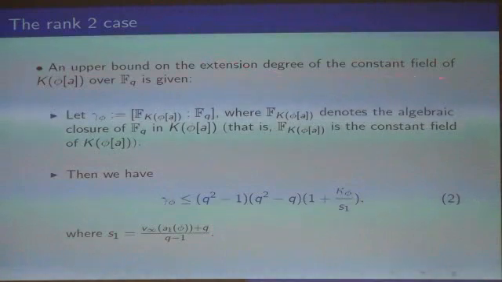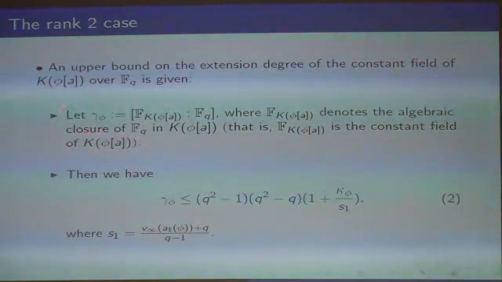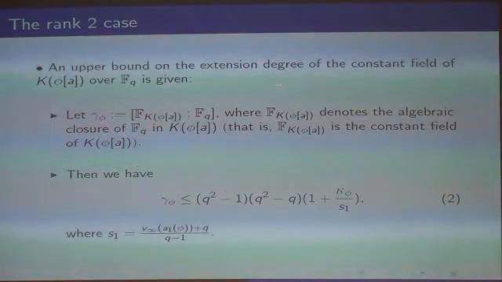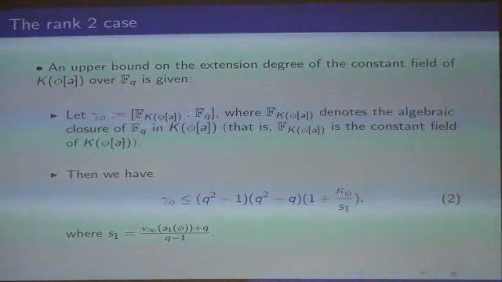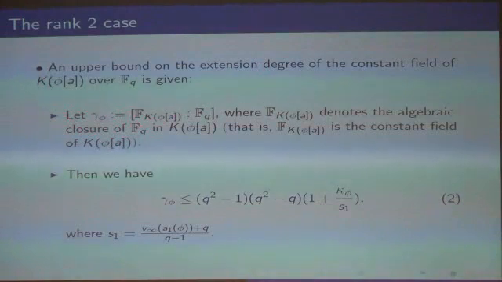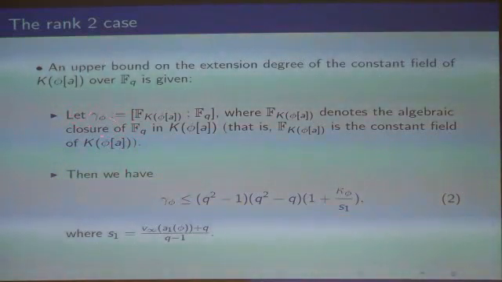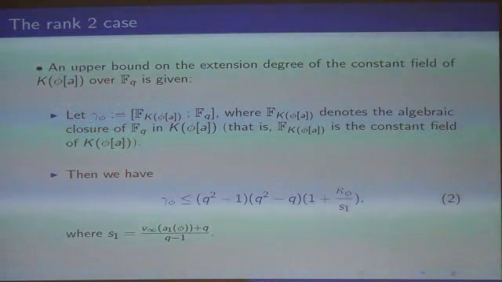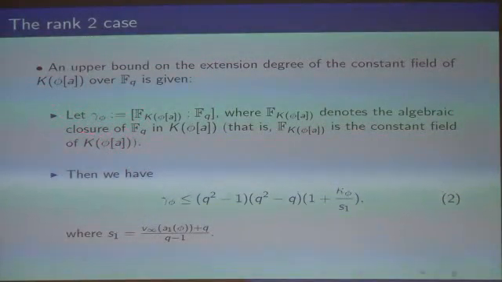So the upper bound of the extension degree of the constant field for gamma phi: we actually have to deal with gamma phi, but gamma phi is bounded by G phi. That's why we put an upper bound for G phi there. We need the information about this extension degree of the constant field part.